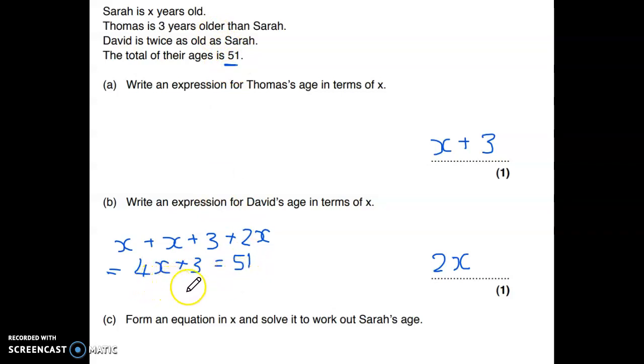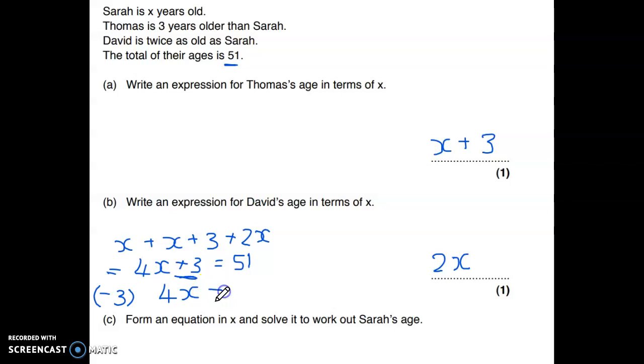4X plus 3 equals 51. Well, to do that, the first thing we need to do is to try and get the X's on the left-hand side by themselves. So to do that, we need to get rid of this plus 3 here. And the obvious way to do that is to subtract 3. And that gets rid of it, doesn't it?